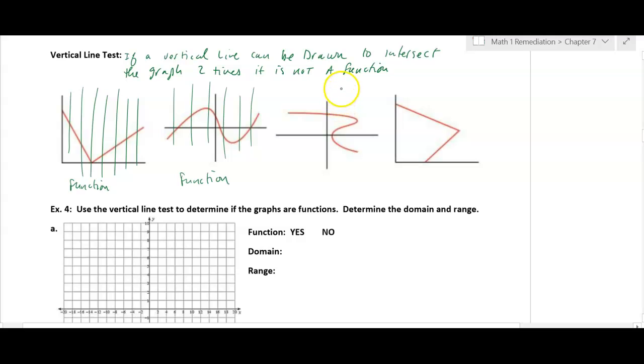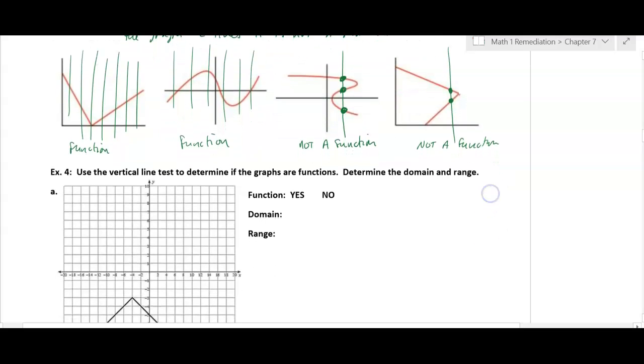But when I look at the third one here, this vertical line intersects the graph more than once. Therefore, it is not a function. And the same here, this would not be a function. Okay?